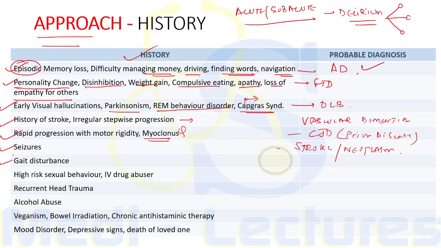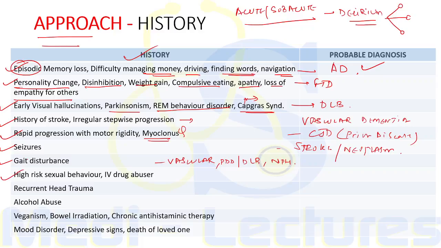Gait disturbance can be seen with vascular causes, Parkinson disease, dementia with Lewy bodies, and most importantly normal pressure hydrocephalus, which is characterized by the triad of gait disturbance, urinary disturbances and dementia.